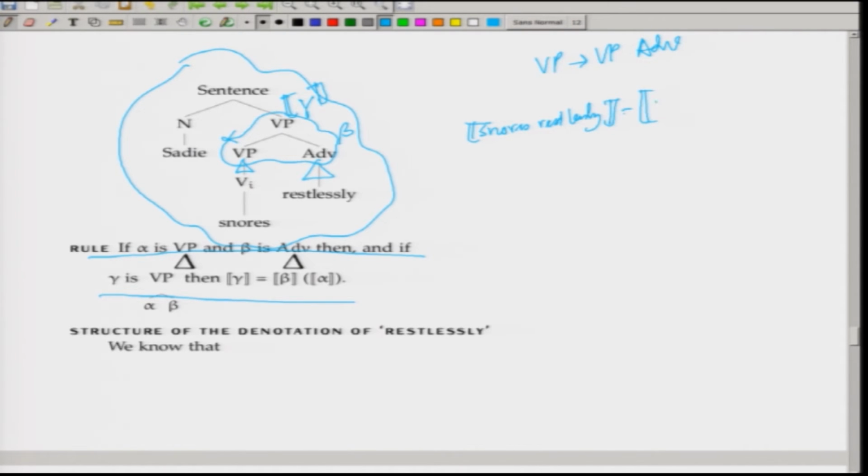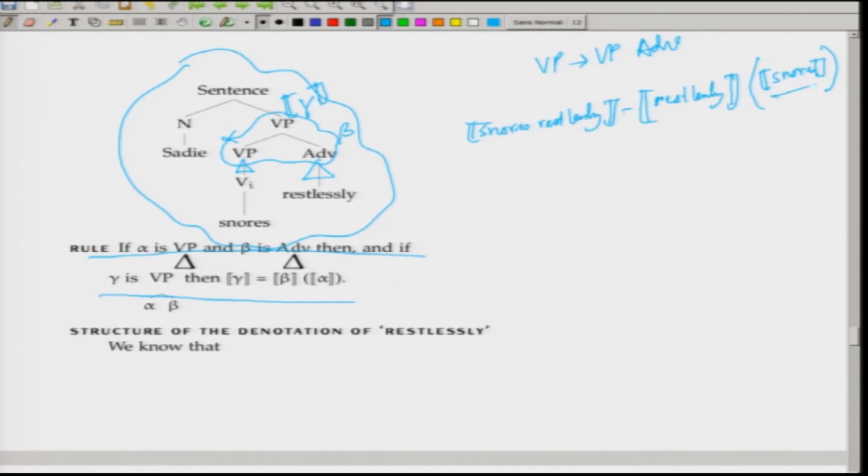In our case, beta is the adverb restlessly, and this will take the denotation of Snows as an argument. Now, let us see how this works.